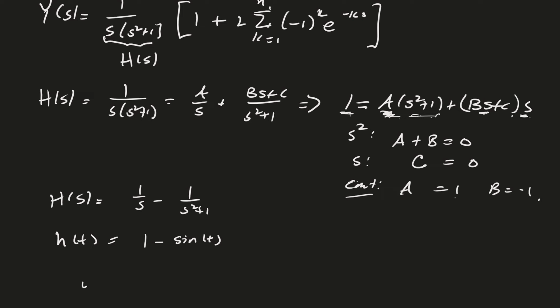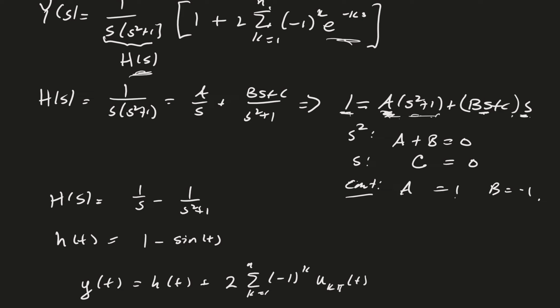Our solution, y of t, is equal to h of t plus 2 times the sum k equals 1 to n of minus 1 to the k, now this was e to the minus ks times h of s, right? So the inverse Laplace transform is table entry 13, and that's going to be u sub k pi of t times h of t minus k pi.